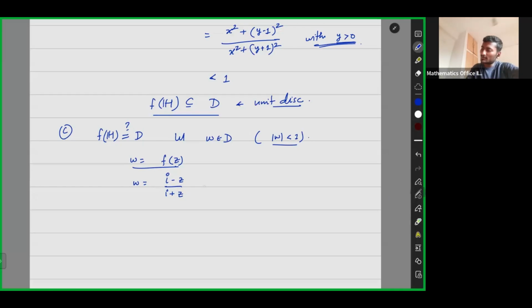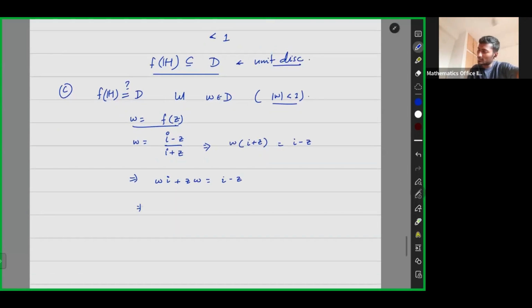Right. So let's solve it further. w(i plus z) is equal to i minus z. So wi plus zw is equal to i minus z. Further, wi minus i is equal to minus z minus zw.